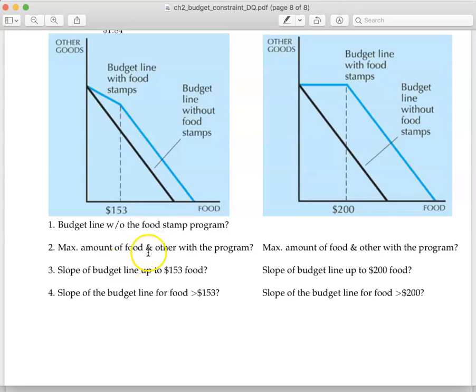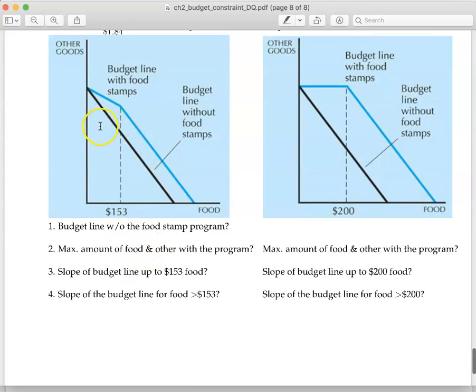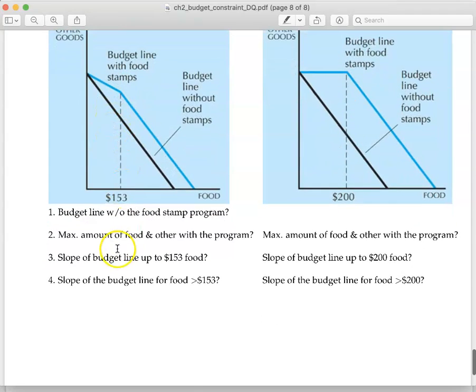And then, again, in the pre-79 situation, what's the maximum amount of food and the maximum amount of all other goods with the program, right? With the food stamp program, what are the horizontal and vertical intercepts? What's the slope of the budget line up to $153 in food? What's the slope of the budget line for the amount of food greater than $153? So those are all questions referring to this situation.